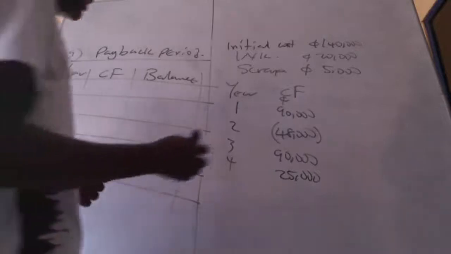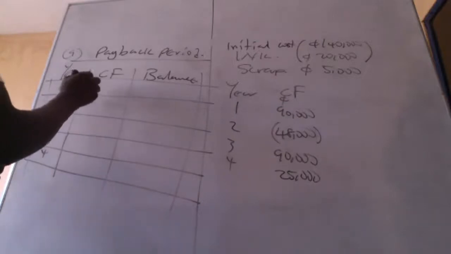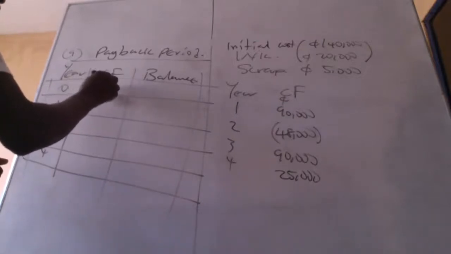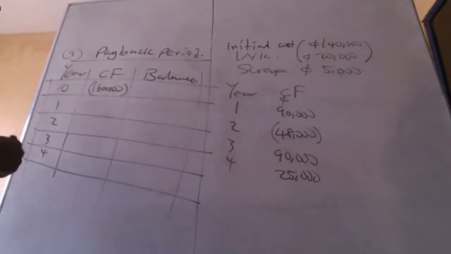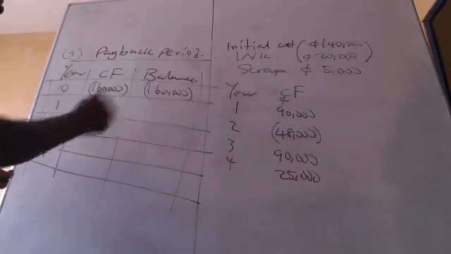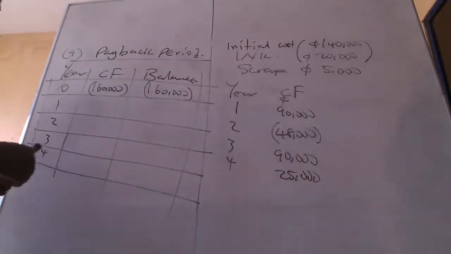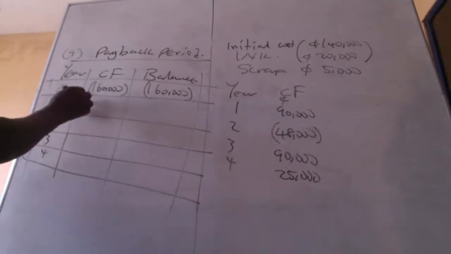That will be the addition of the initial outlay and working capital, if any. If there's no working capital, you will leave it like that. So it will be 160,000, with a balance of 160,000. Now, with year 1, we had a cash flow of 90,000.